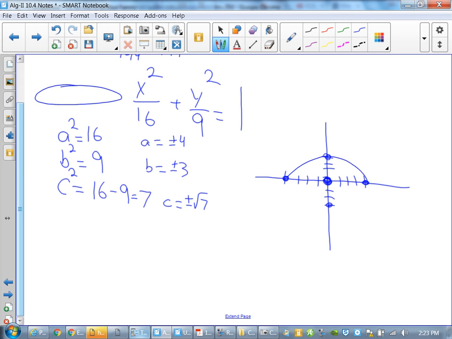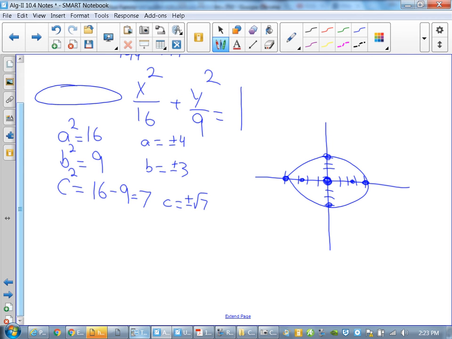There's my ellipse. Lastly, I have to identify where my foci go. If you start thinking about it, square root of 7 is less than the square root of 9, but it's more than the square root of 4, so it's got to be somewhere between 2 and 3. So I'm at the center, I just go between 2 and 3 and call it a day.